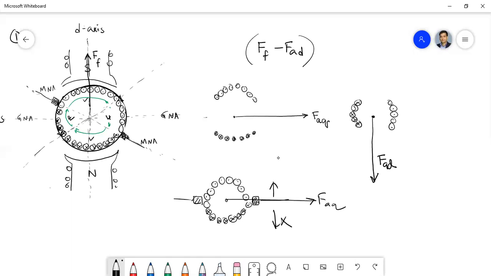But if we shift the brush, then it creates a new demagnetizing component. Why is it demagnetizing? Because here it is giving this minus sign. So therefore it will reduce the actual value of the MMF. Are you getting? Yes, sir. Any doubt?